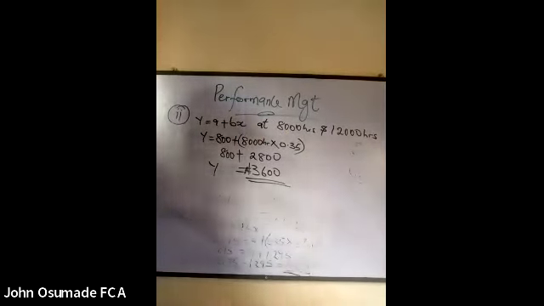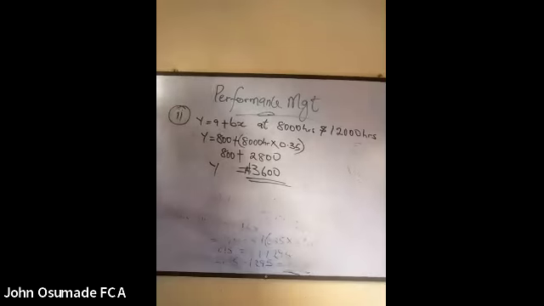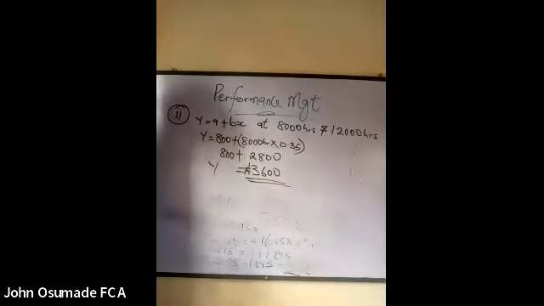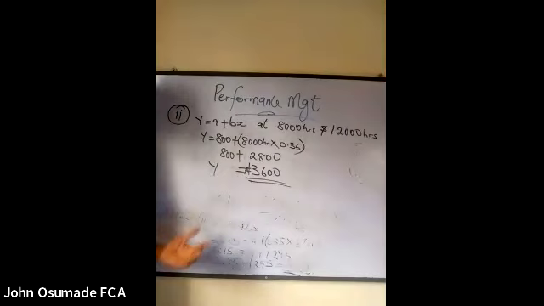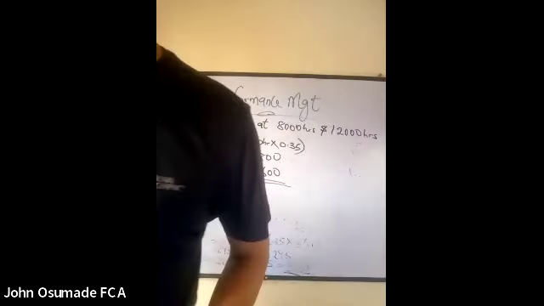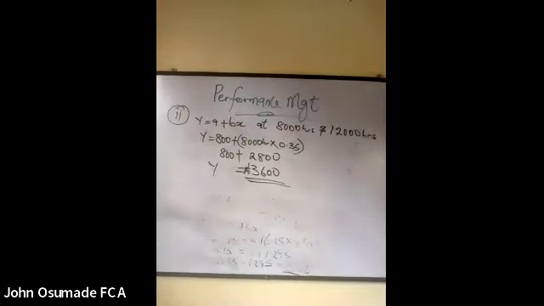So we can predict or estimate any level of activity that we want. If we want 8,000, we can get the total cost, having been able to separate the cost. That is why we do the high and low method, to be able to estimate our cost.